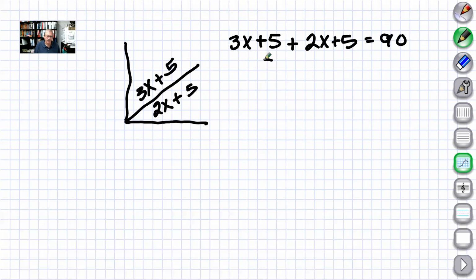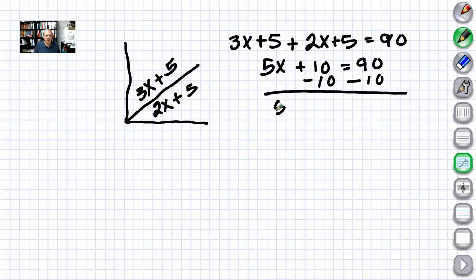You might remember this a little bit from geometry. 5x plus 10 equals 90. We're going to subtract 10 from both sides. So 5x equals 80, and we divide both sides by 5. And x will be 16.